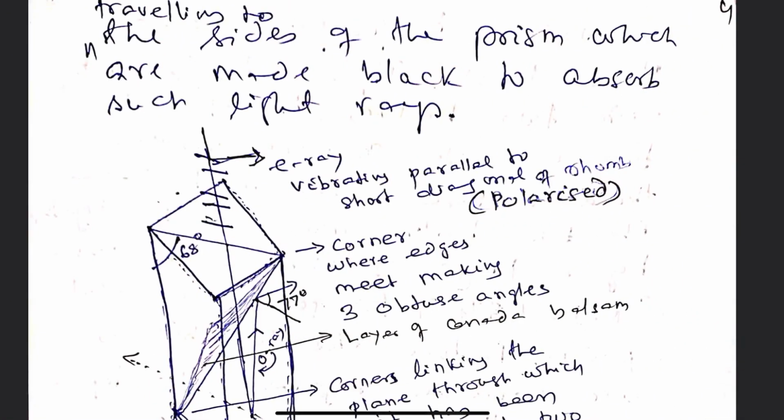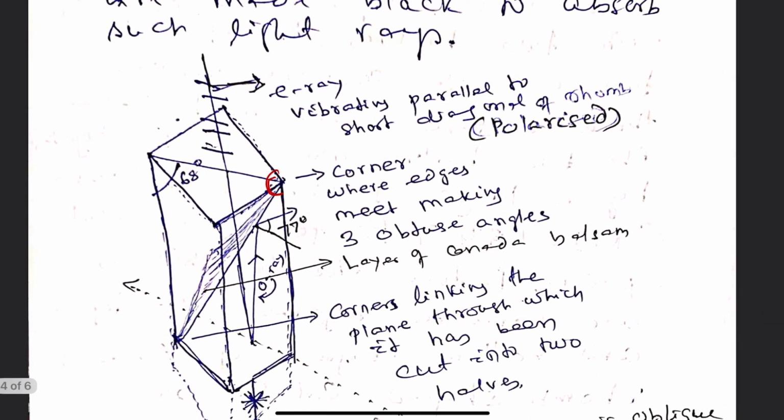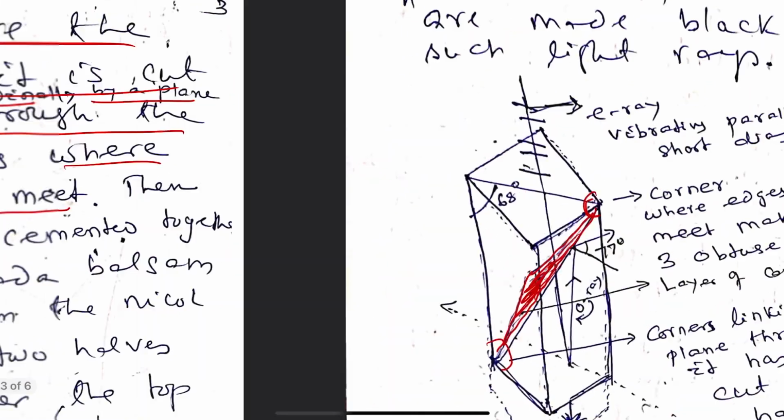So this is the corner, and this is the corner, and through these corners this plane passes and divides the calcite Iceland spar into two halves.